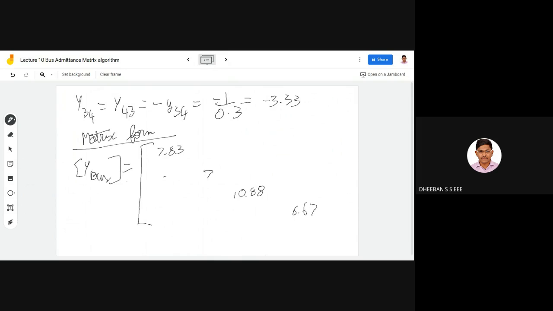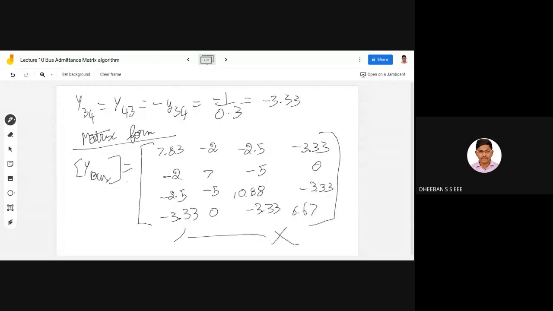Then start with y12, it is minus 2, followed by minus 2.5, followed by minus 3.33. Then y21 is the same as this, since it is symmetrical. So minus 2, minus 2.5, then minus 3.3. Because it is symmetrical, this value corresponds to minus 5, 0. Then minus 3.3, and this is minus 3.33.